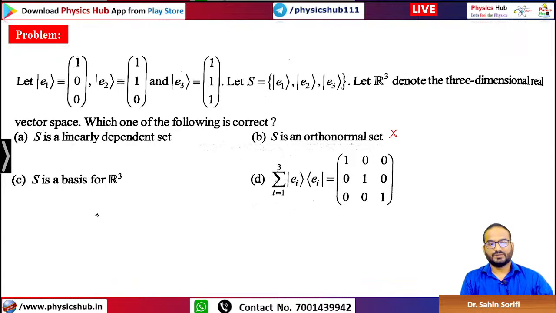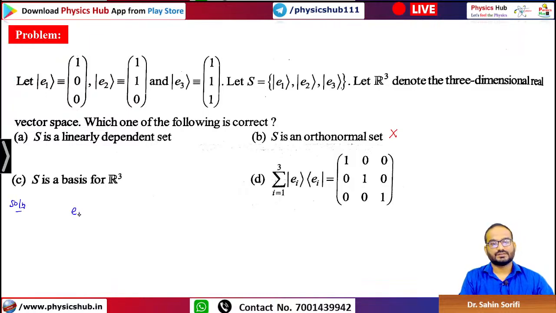Now, if you can determine whether it is linearly independent or dependent, then you can eliminate one of these two. Because only one option is correct, the correct option must be from these two, A and C, isn't it? If it is linearly independent, then it will be a basis for R3. If it is dependent, then there is no question, option A will be correct. So let us check whether the given set of vectors is linearly independent or not. What do we have to do?